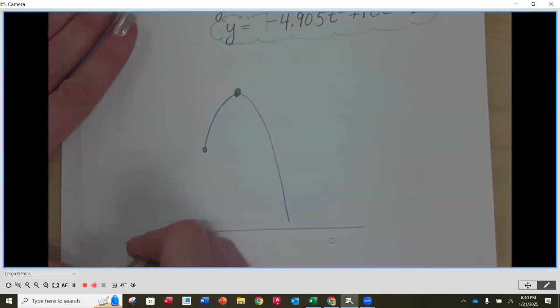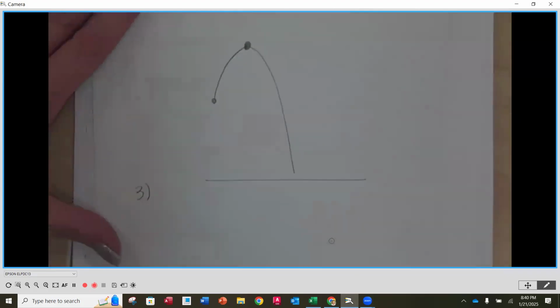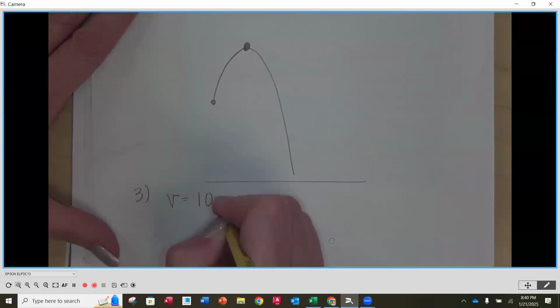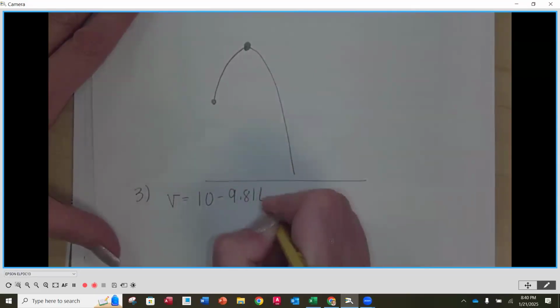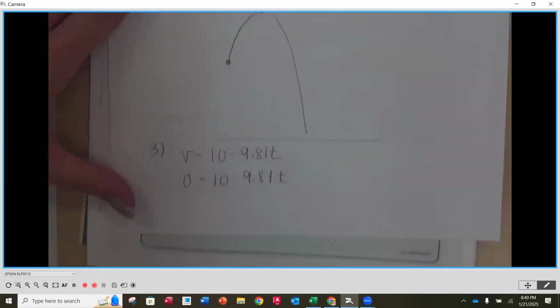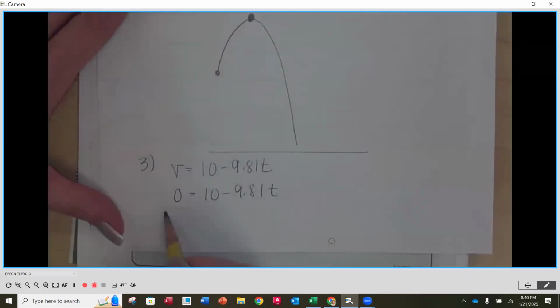So for part 3 here, we are going to say, okay, our velocity is equal to 10 minus 9.81 t. And we're going to set this equal to 0. So it's going to be 0 is equal to 10 minus 9.81 t. T is our only unknown variable here. So we're going to move our 10 to the other side.